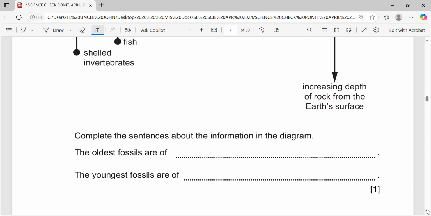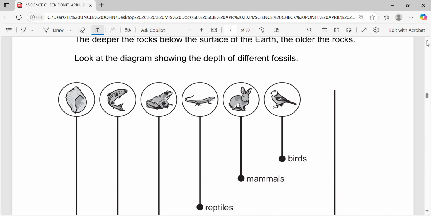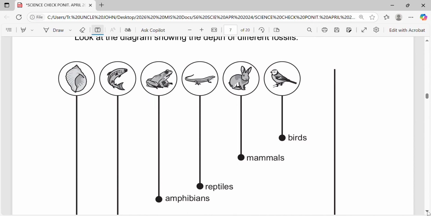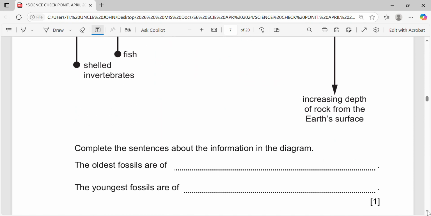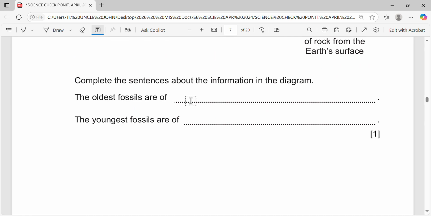The oldest fossils are of, this is B. As you see, the oldest fossils are shelled invertebrates, because they said the deeper the rocks, the older the fossil.